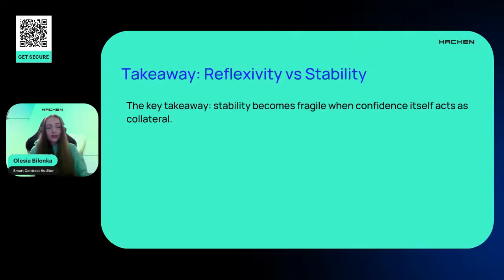And what is the main lesson here? If the stability of a stable token depends only on confidence, it's not real stability. When belief disappears, collapse follows, and it is just a question of time.